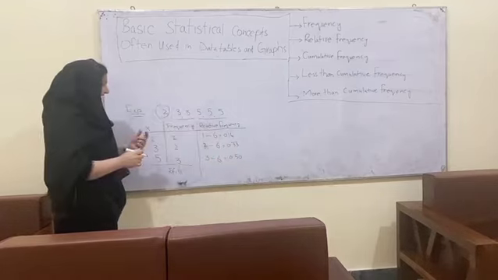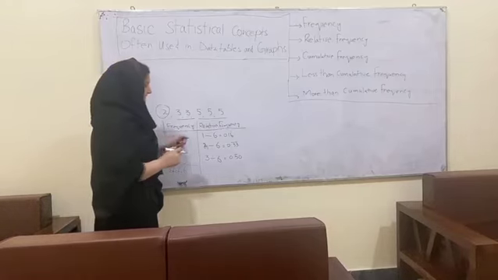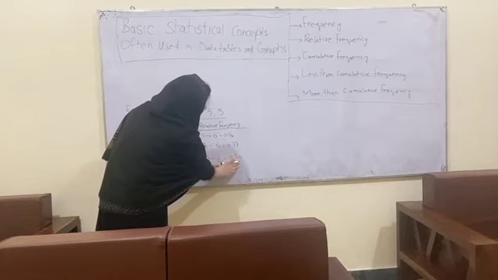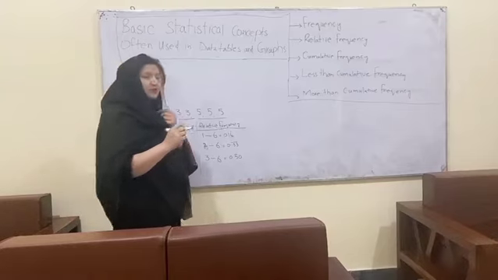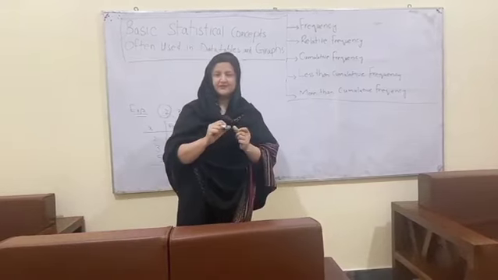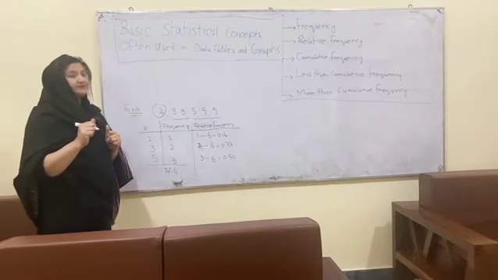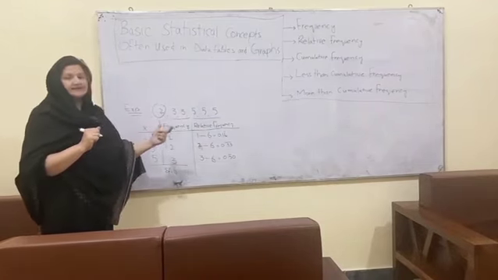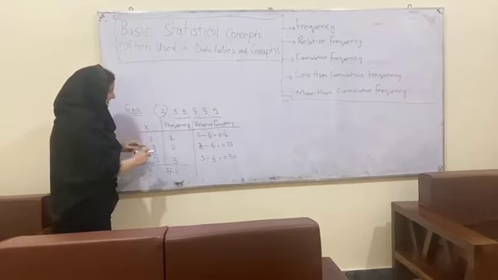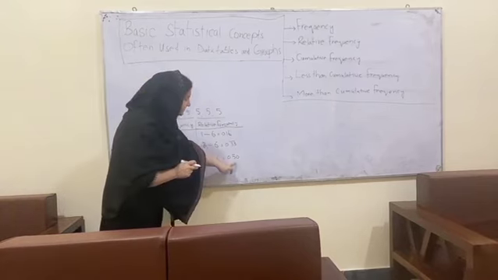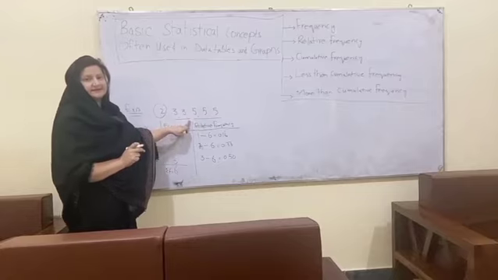So we can say how much of the time this 5 appears in the whole data set. But always interpret relative frequency with the help of percentage, because percentage can express relative frequency in a better way. So this 5 is 50% of the total data set.